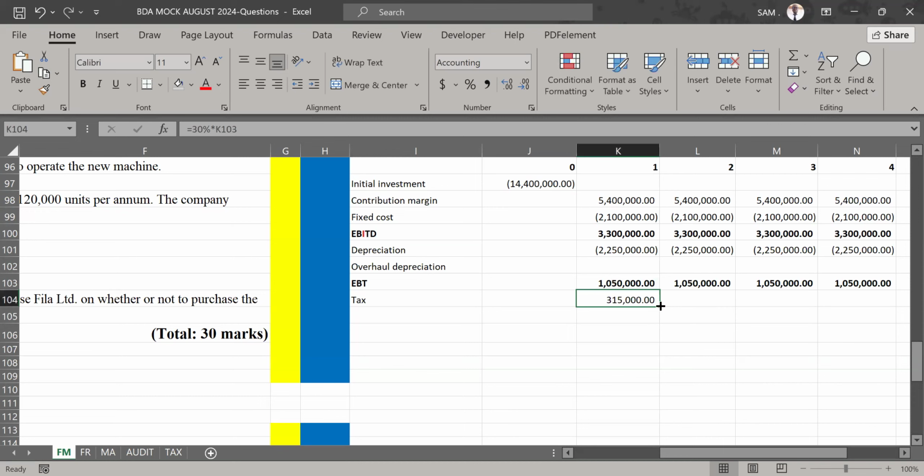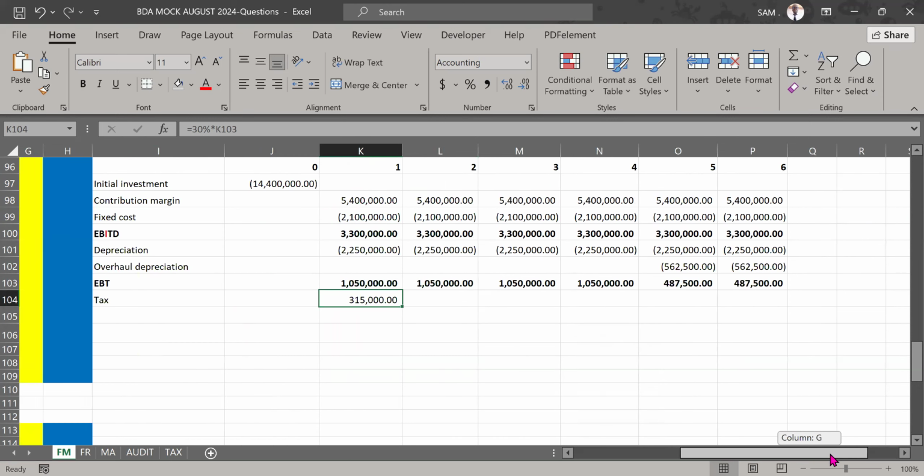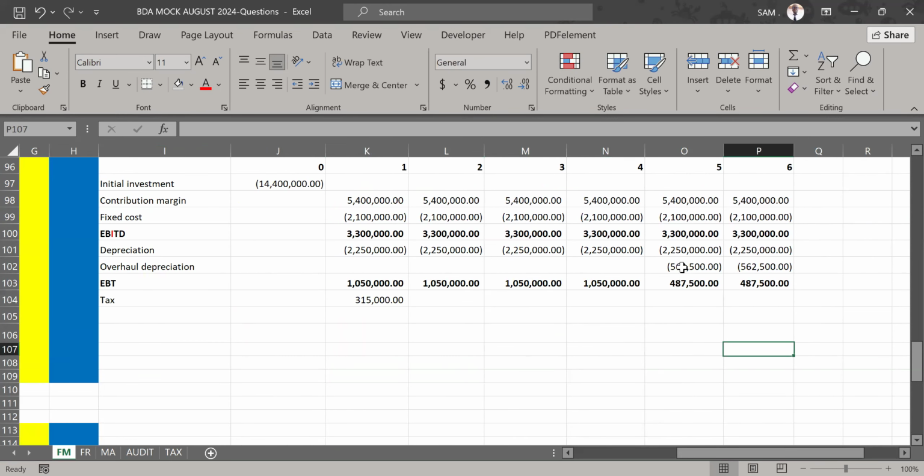Then that tax rate applies to the end, but I want you to be very careful and look at the changes in earnings before tax at year 5. You will realize that all these earnings before tax from year 1 to year 4 are the same.